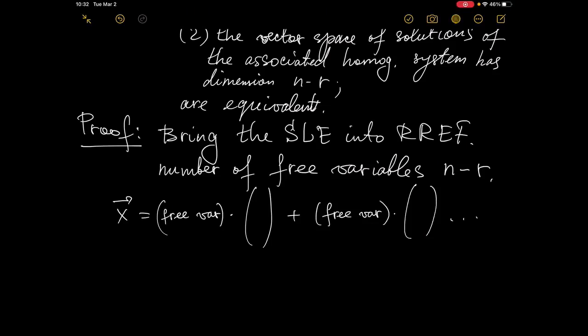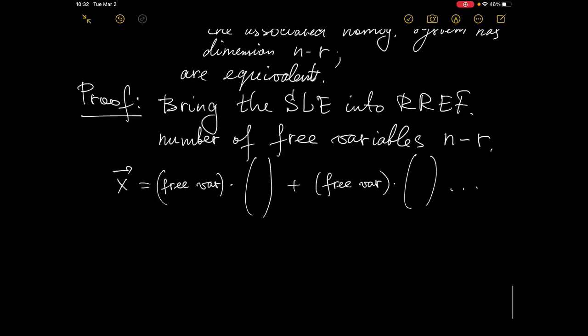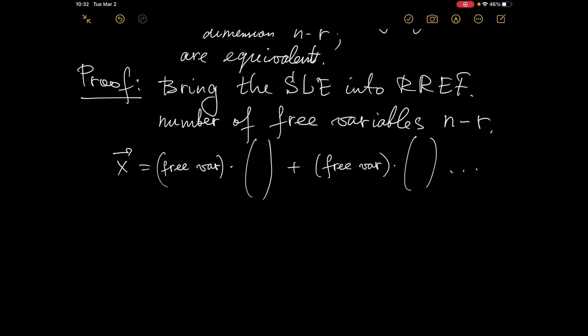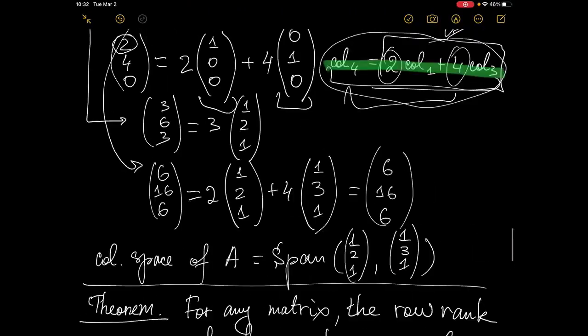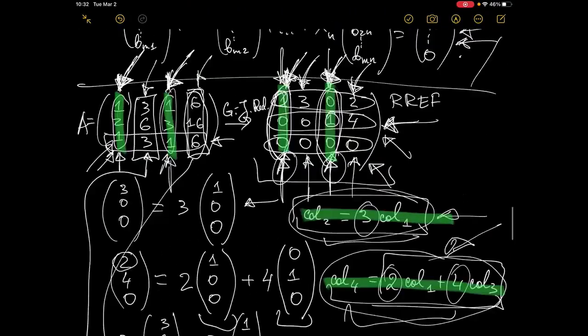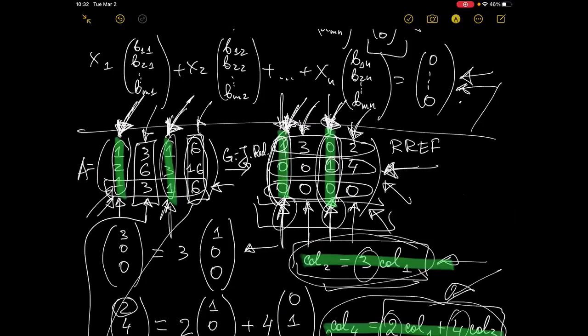And what is important is that these columns will be linearly independent. For example, let us consider this.